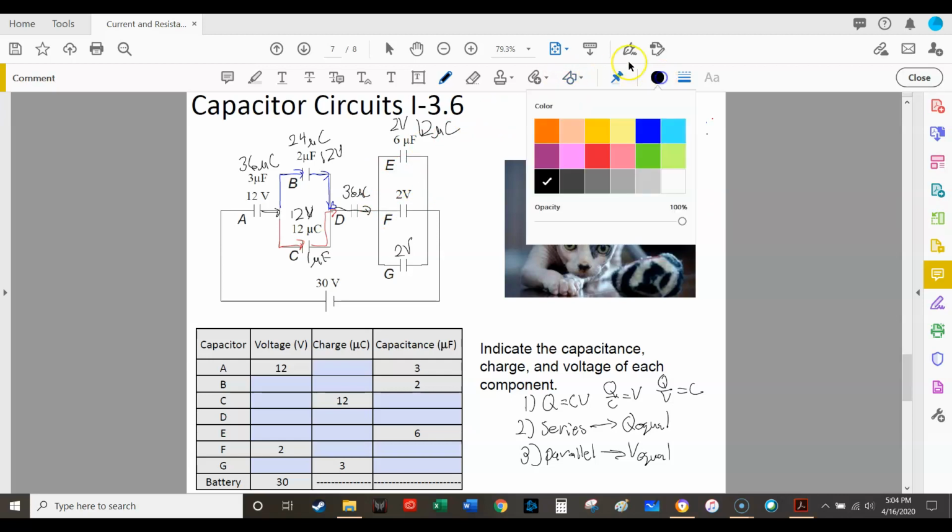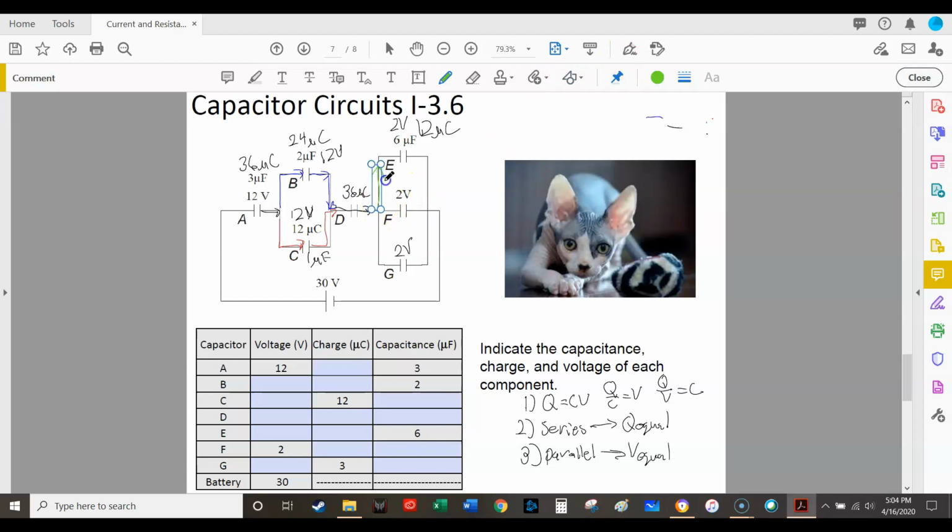I am going to use green. That means green is coming up, and that 12 microcoulombs is coming to the right, then heading down back to this junction. So we know part of that 36 microcoulombs, that 12 microcoulombs is going in there. Okay?